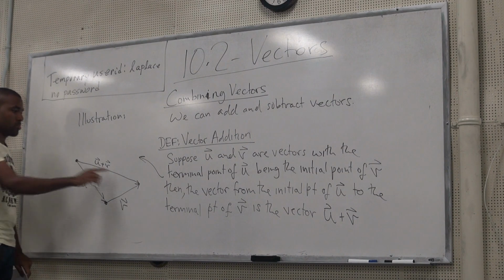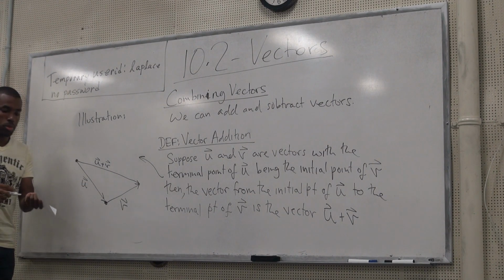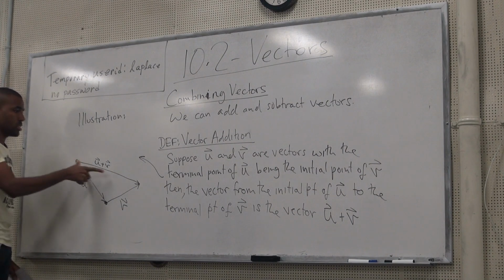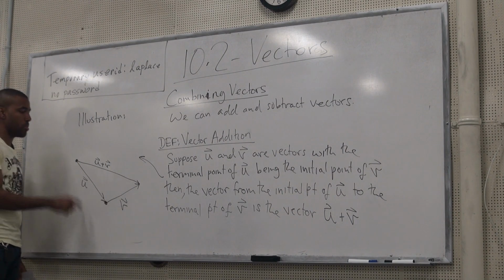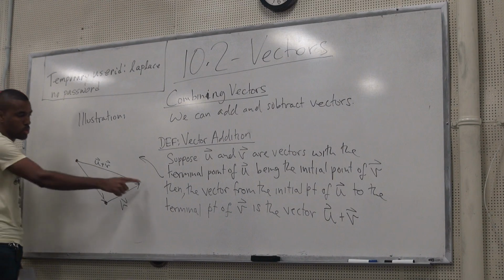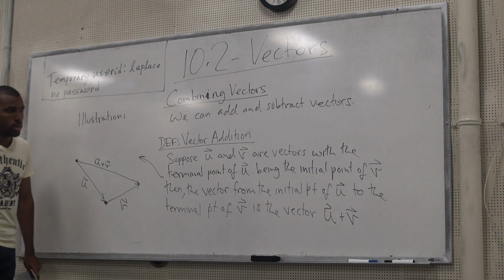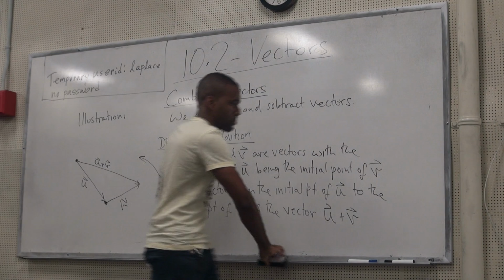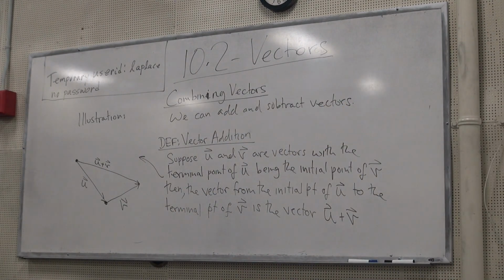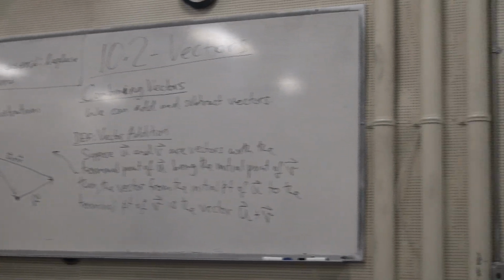All it does is it takes the shortest distance between the 2 points. Adding two vectors just means combining them, the initial point of the first one hitting the final point of the last one. So we can add two vectors diagrammatically, and we can also do it algebraically, which we will get to.